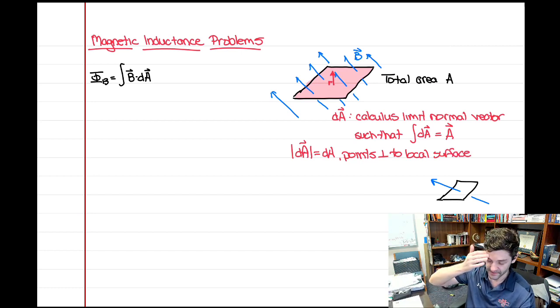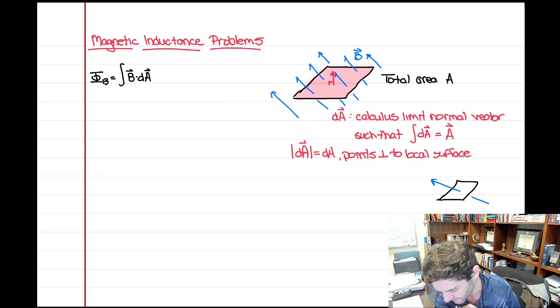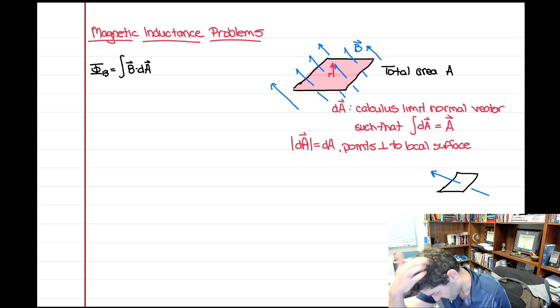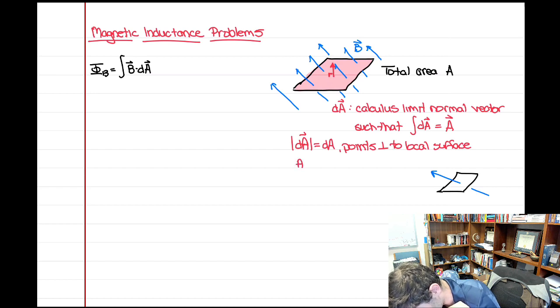So if you are considering something like a sphere, for example, those arrows are constantly readjusting themselves based on where you are on the sphere. That's why I say it points perpendicular to the local surface. When it's a simple geometric shape like this, instead of doing dA, you can skip to A, with the magnitude equal to A, which we defined above, the total area.